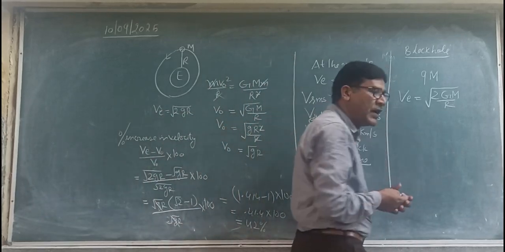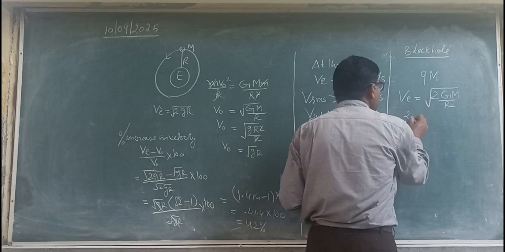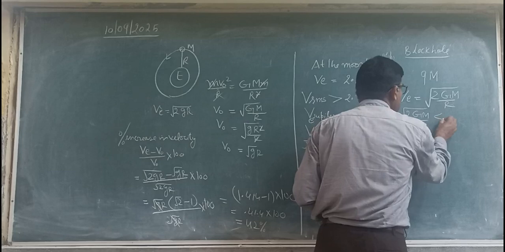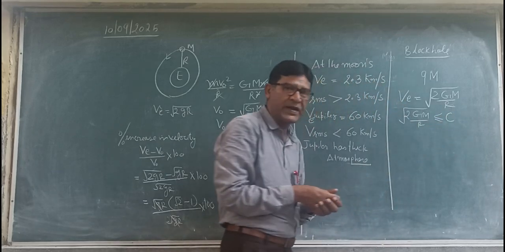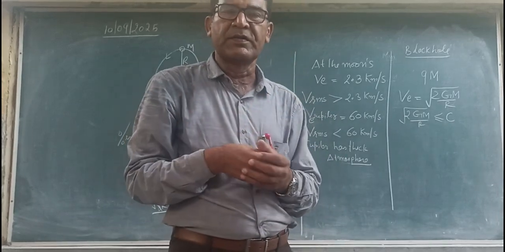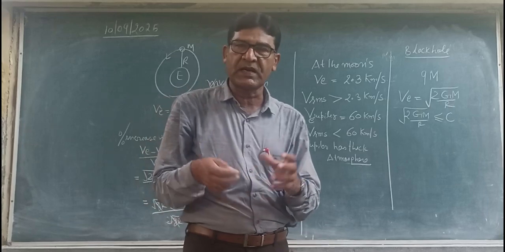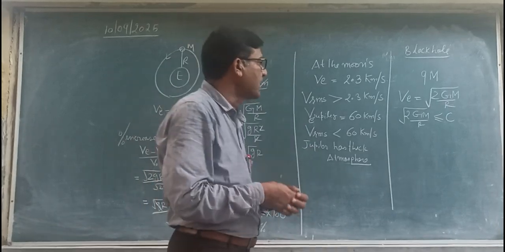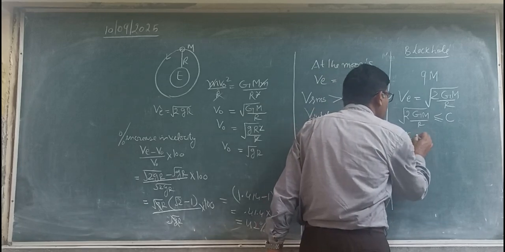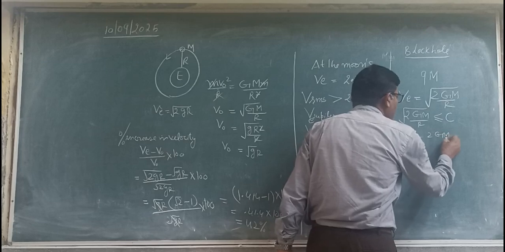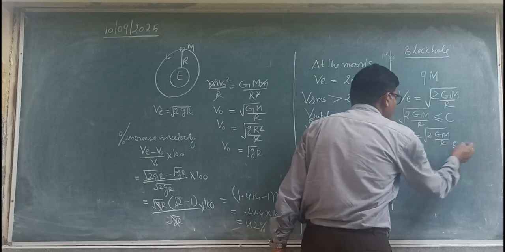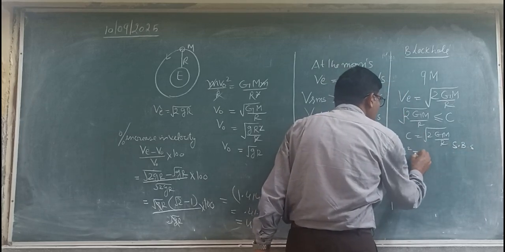According to relativity, this speed, root of 2GM upon r, must be less than or equal to the speed of light. The speed of light is the maximum speed attained by an object. No object can move faster than the speed of light. So if I equate, c is equal to root of 2GM upon r. Squaring both sides, c square is equal to 2GM upon r.